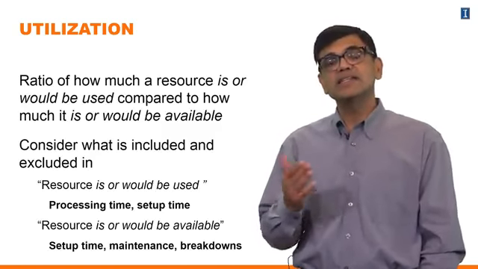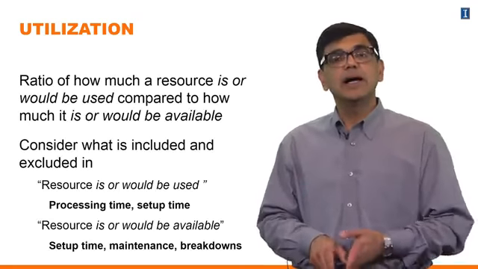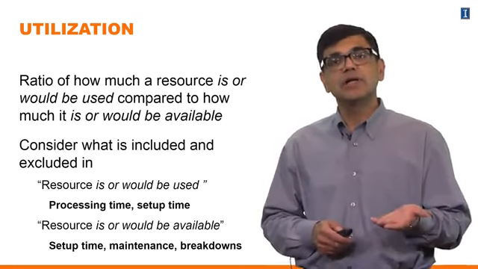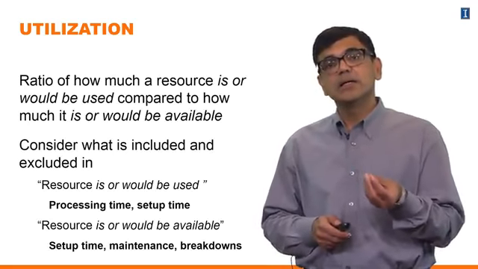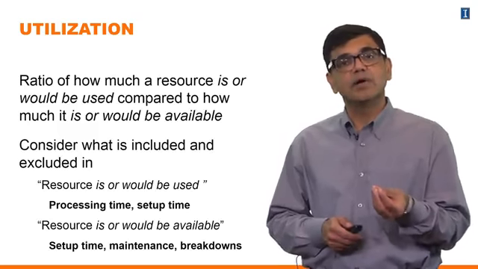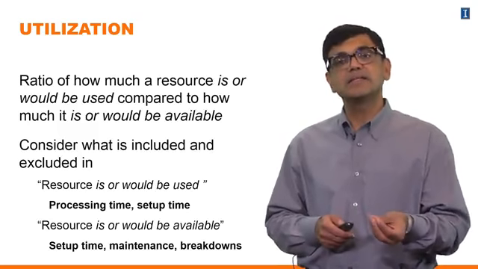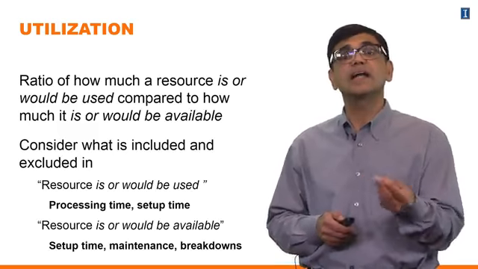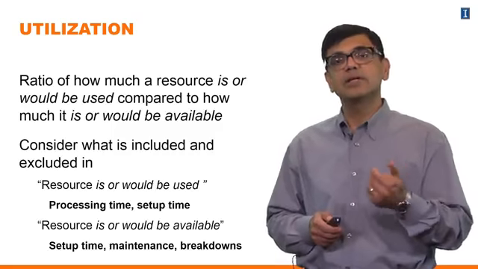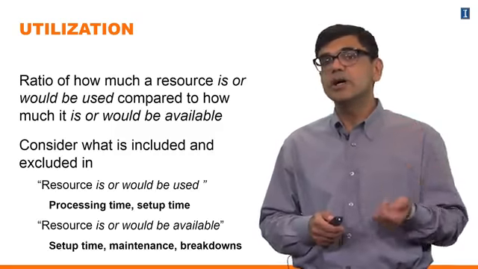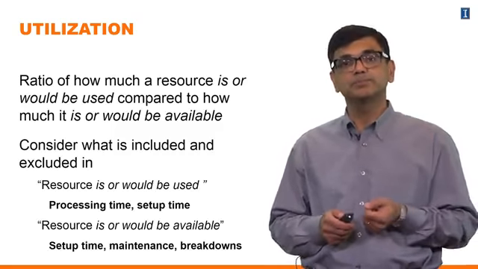So what is it exactly that you have included in your capacity utilization number is going to be critical information when you are analyzing that process. What exactly went into the numerator and the denominator of that calculation is something that you should be reflecting on.